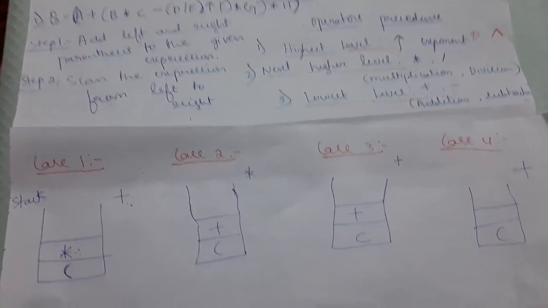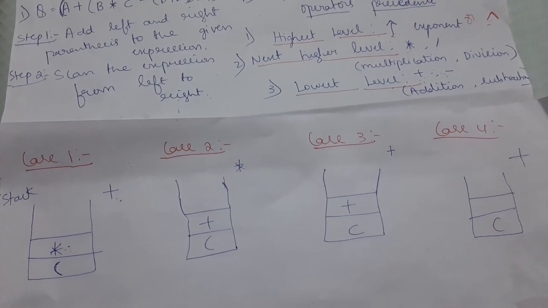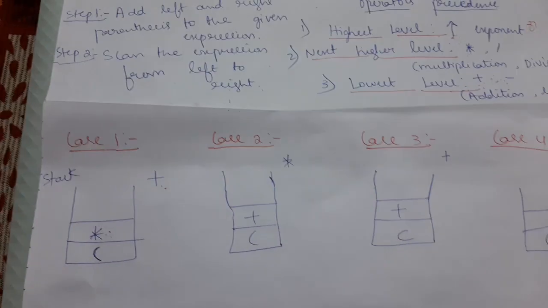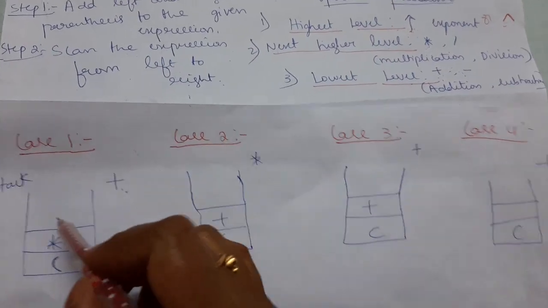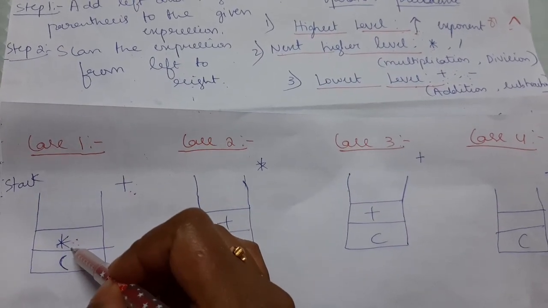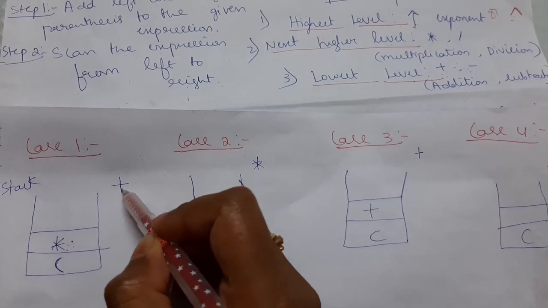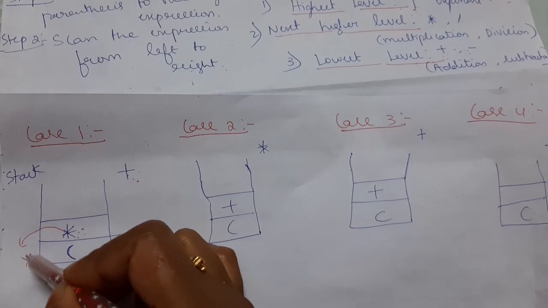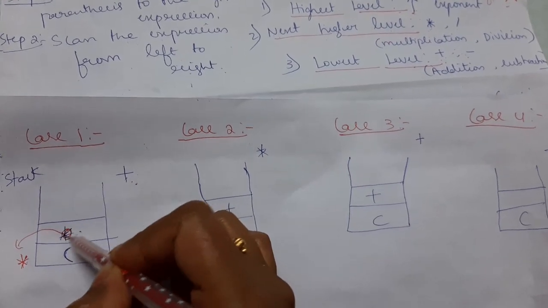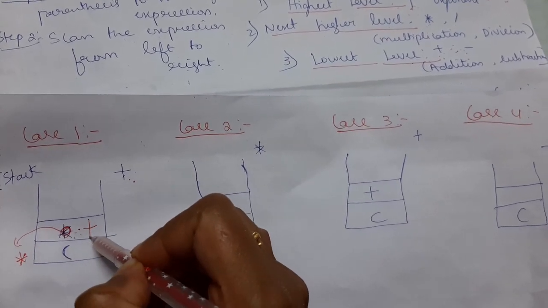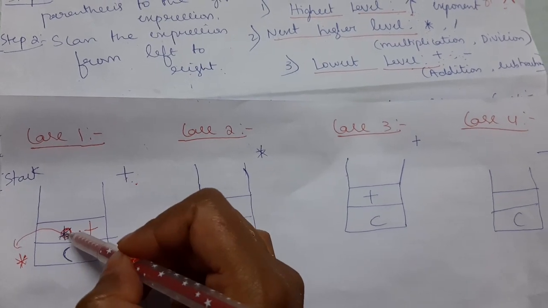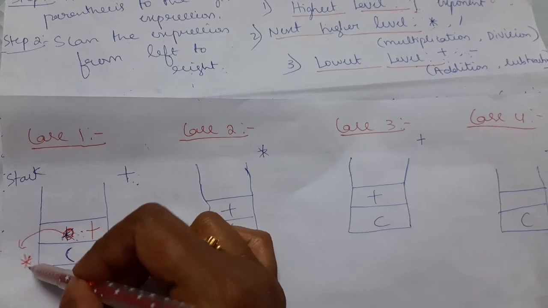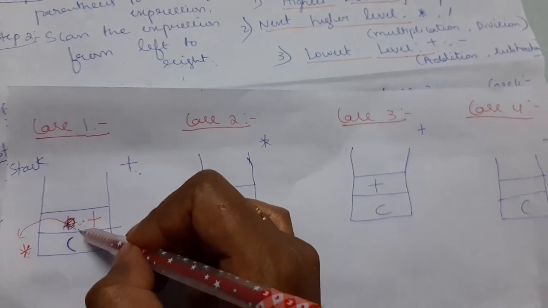So if the operator on the stack has higher priority than the operator which has to be pushed, then the star will come out of the stack and the new plus is placed on the top of the stack. So if the operator on the stack has higher priority, then this operator will come out. The new operator is placed on the top of the stack.